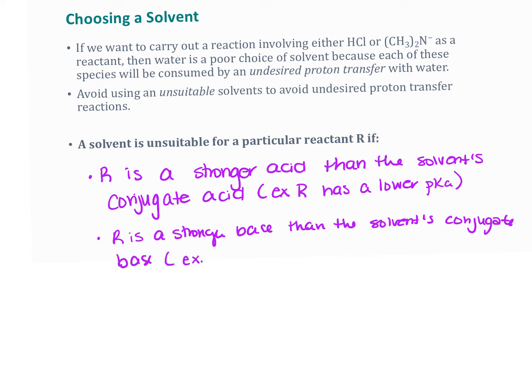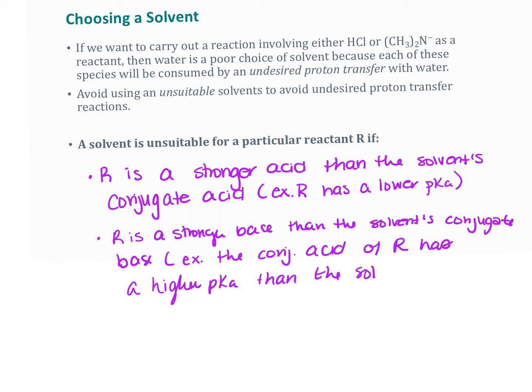And another way of saying that is the conjugate acid of R has a higher pKa than the solvent. Okay, so there's just kind of a summary here of what makes that unsuitable.